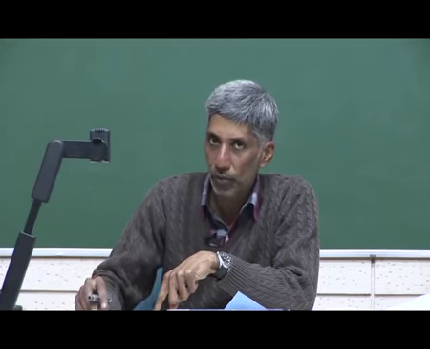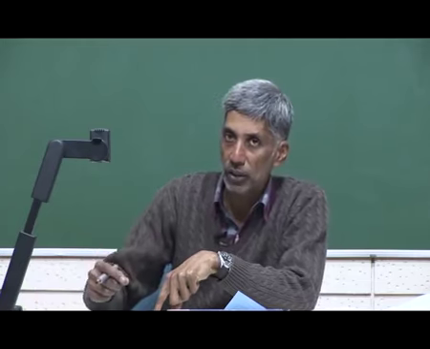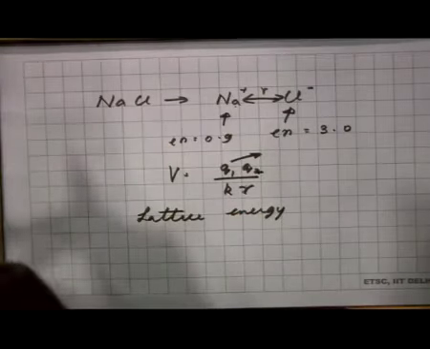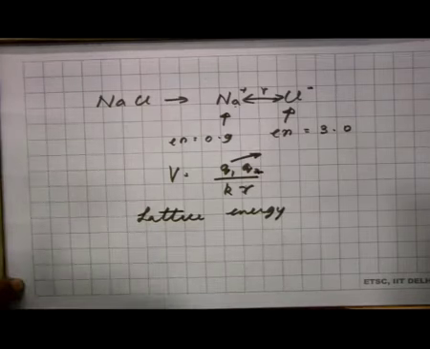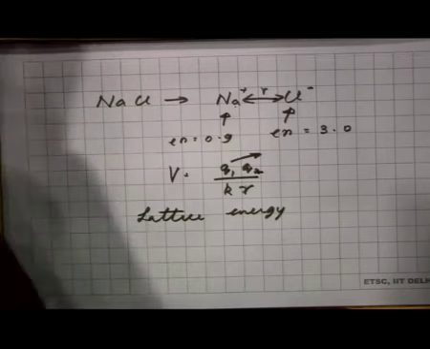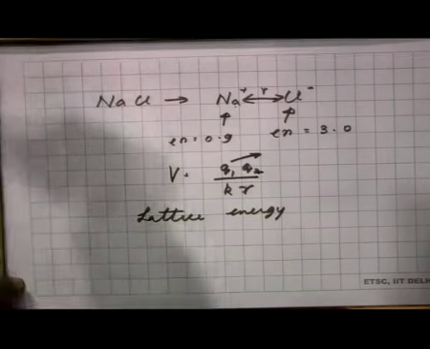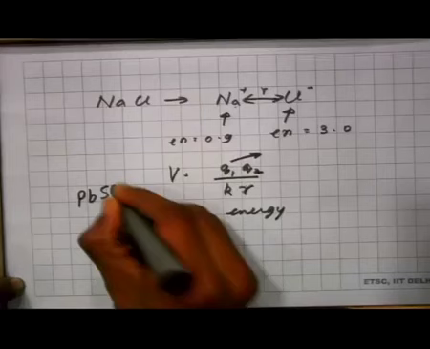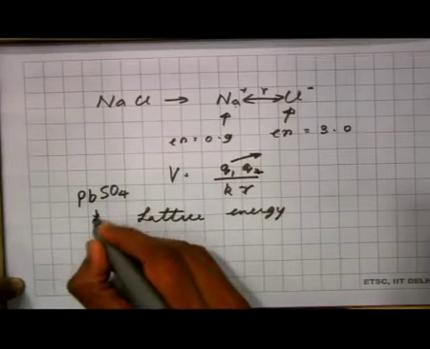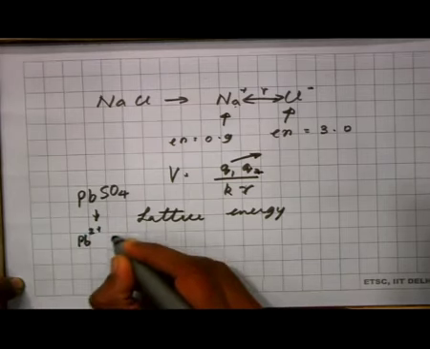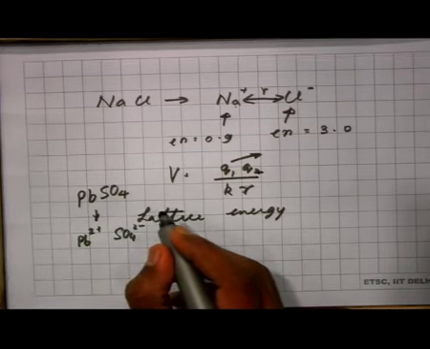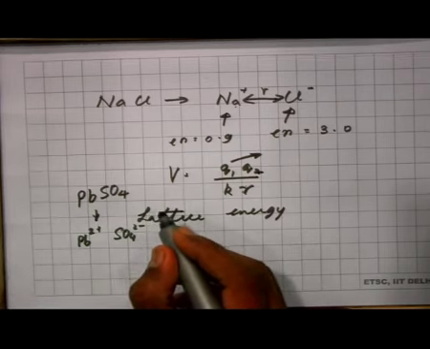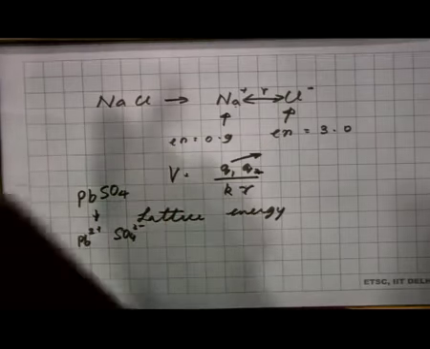So, if you took sodium chloride and put it into water, you have to get rid of this lattice energy, or you have to gain some energy from somewhere else to compensate for this. That is what it means. If an ionic substance, for example lead sulphate, does not dissolve, you would still expect it to exist as Pb2+ and SO4 2-, but lead sulphate when you put it in water does not dissolve, whereas sodium chloride dissolves.